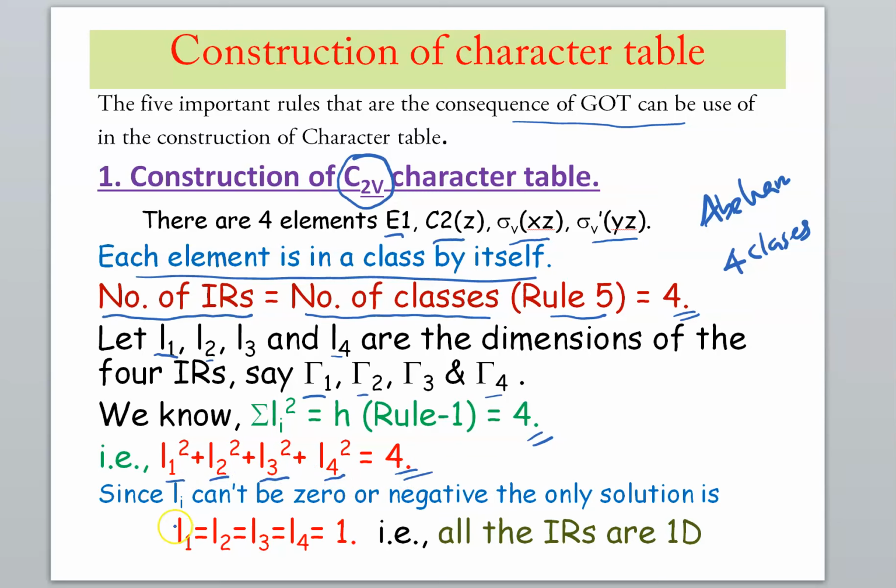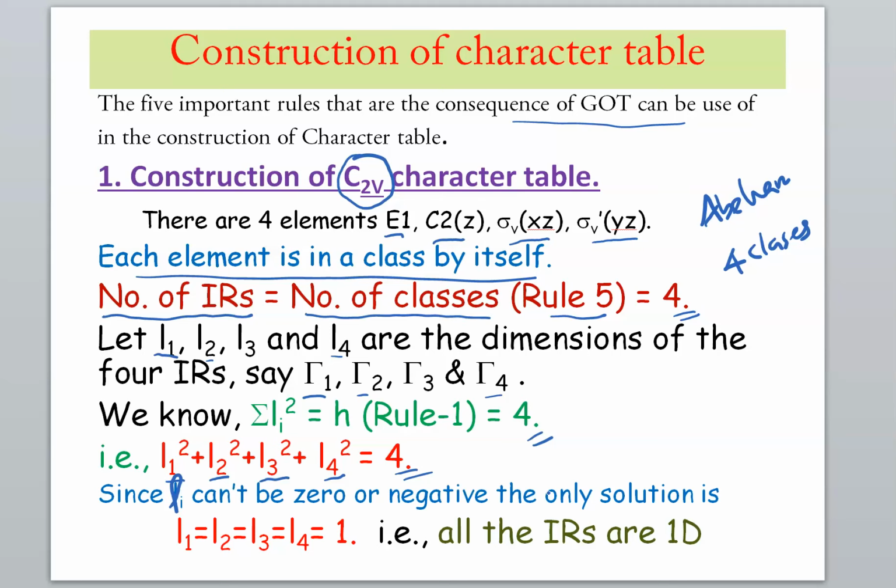Since the dimensions, the li's, can't be 0 or negative. A zero matrix is not possible for a particular element, and a negative dimension is also not possible.